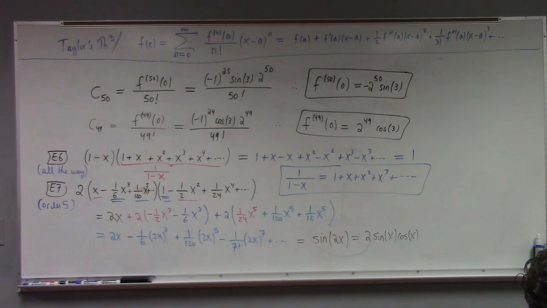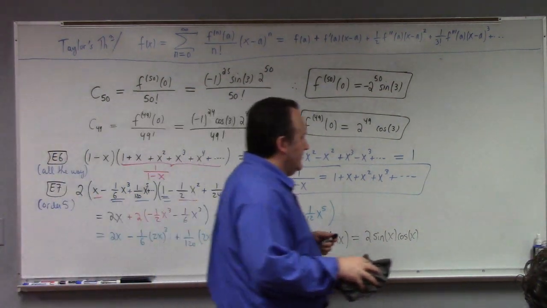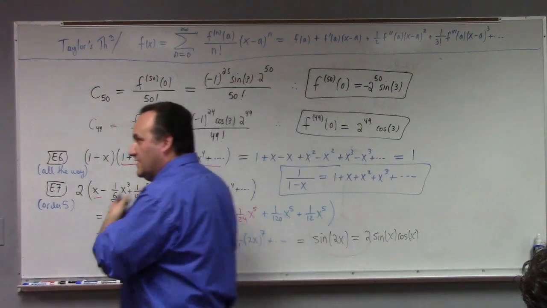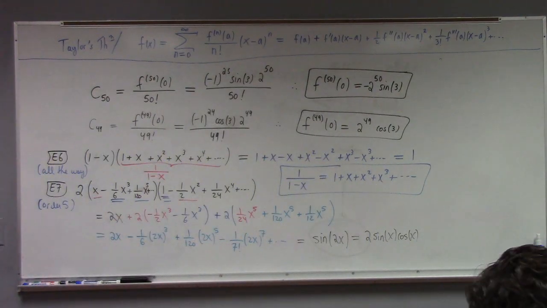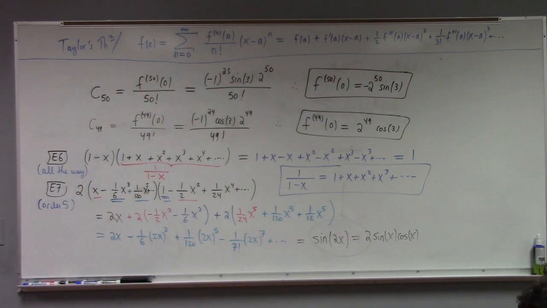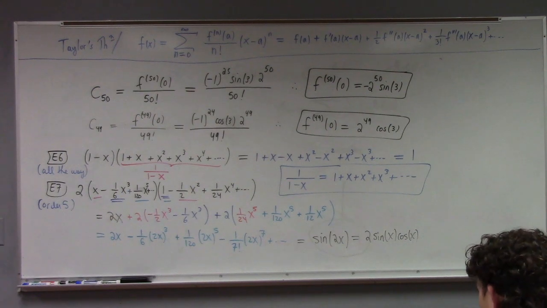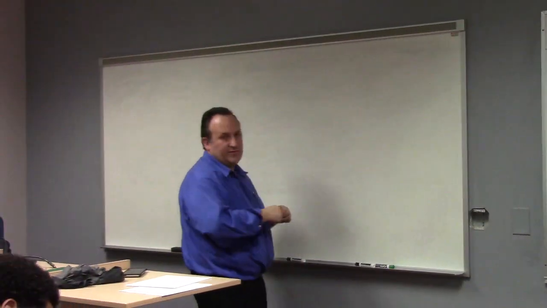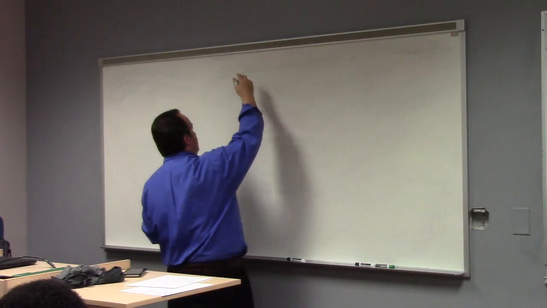Questions? What's the power series for secant? I don't think we've done that one yet, have we? So I should probably do more multiplication for you guys, but that's a good start.